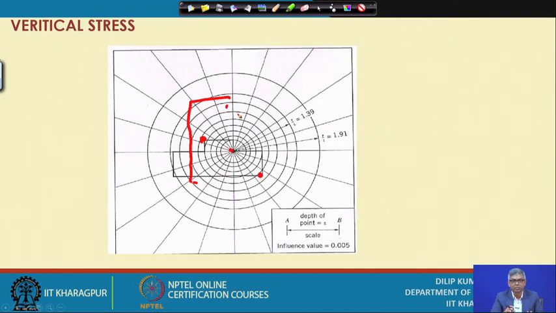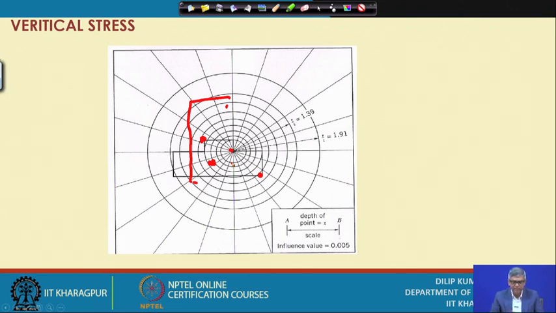Then again I count the number and multiply by I and q, and I will get the stress. Like that, for any point, I have to keep this point here and cover the foundation symmetrically, whatever way it is.